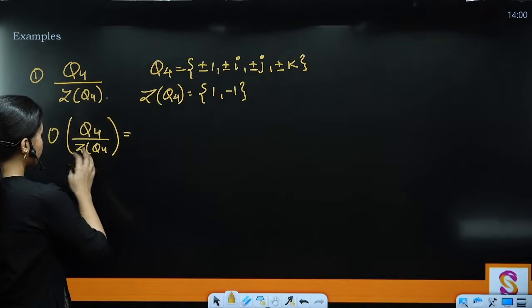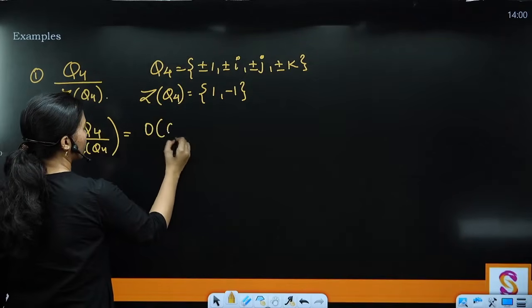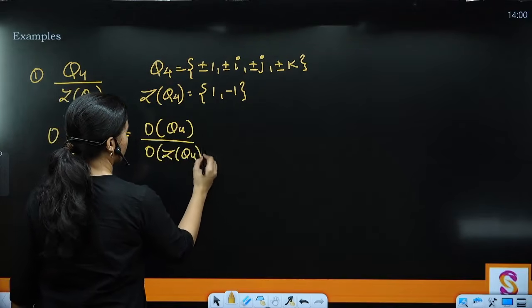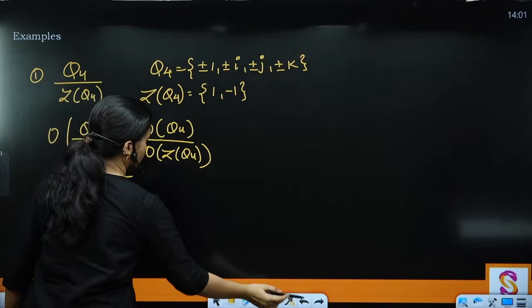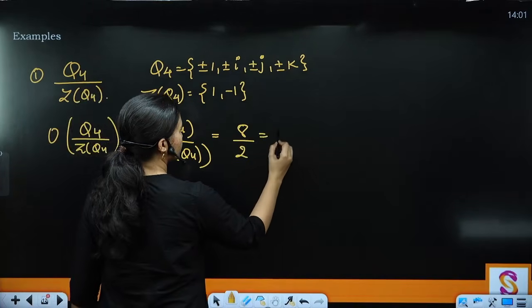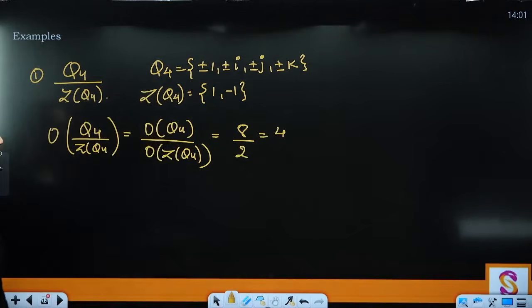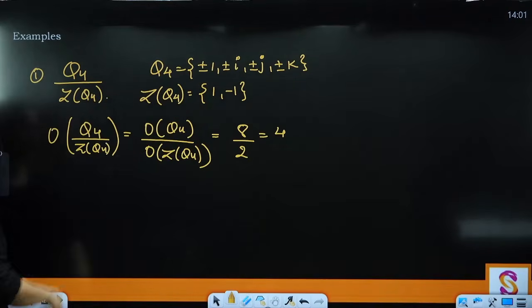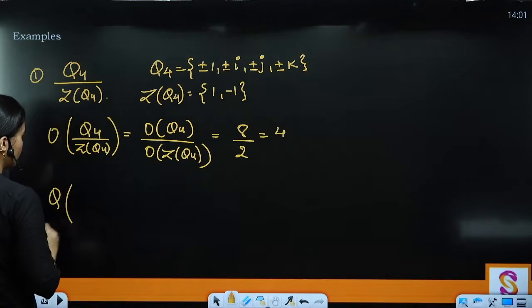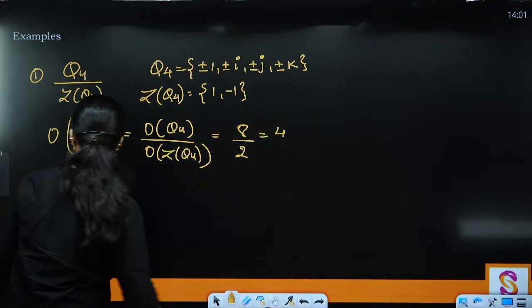अब देखो, what is the order of Q4? Order of Q4 is 8, order of Z(Q4) is 2. Order of the factor group Q4 upon Z(Q4) is going to be 4, right? This implies that we have 2 isomorphisms possible.